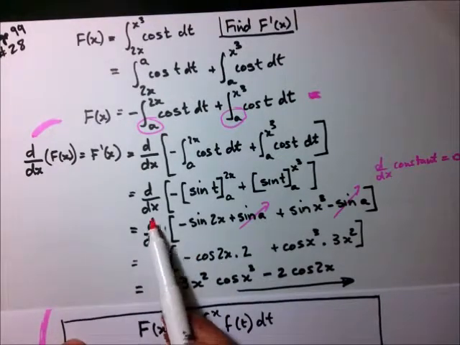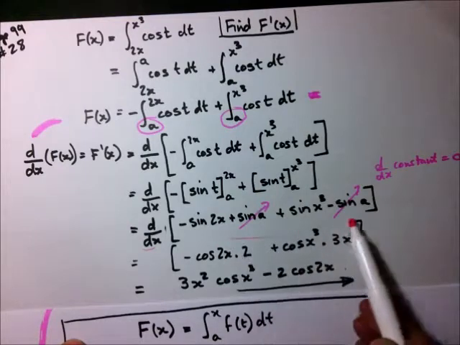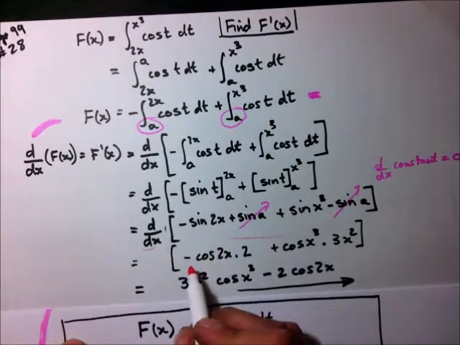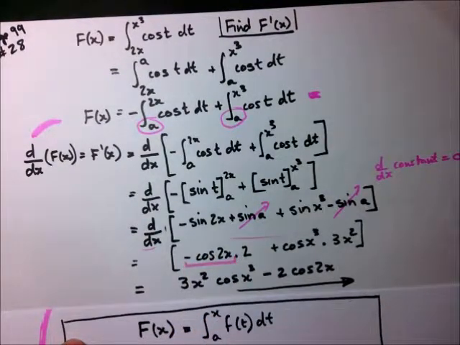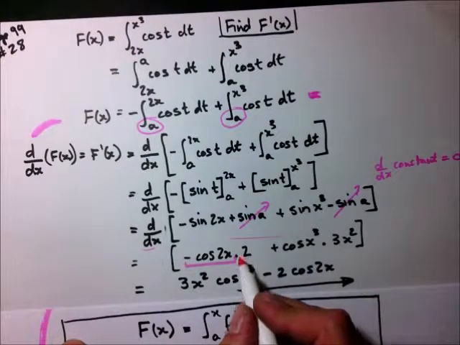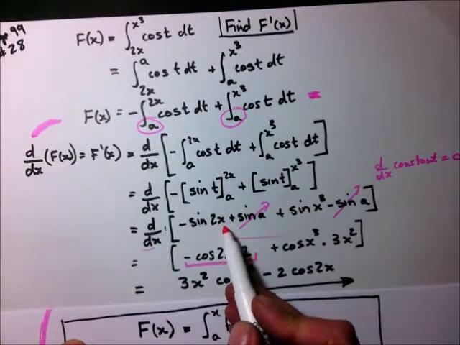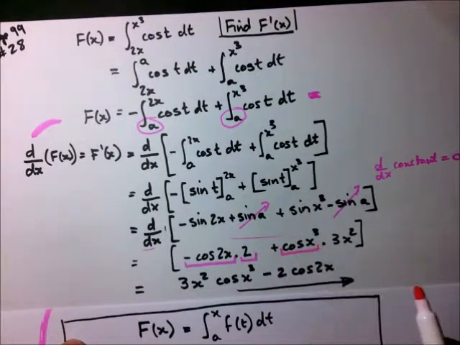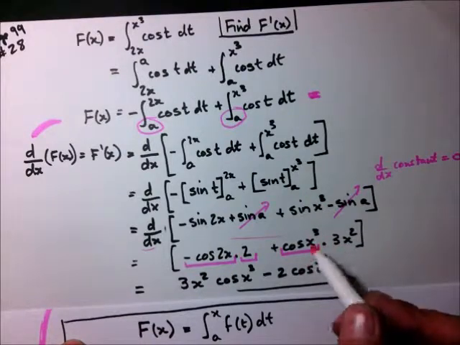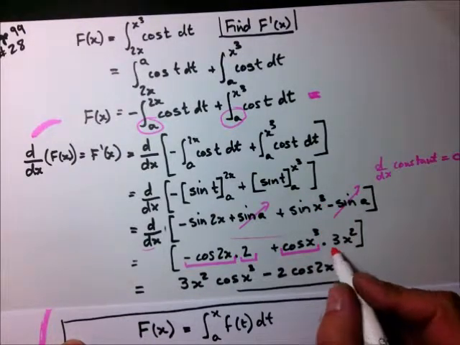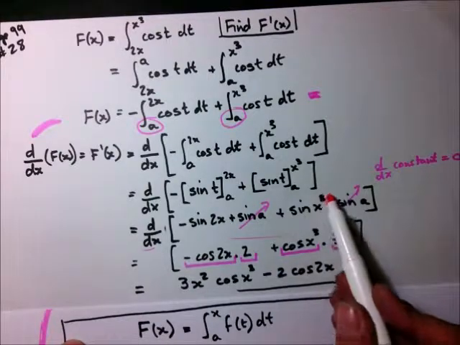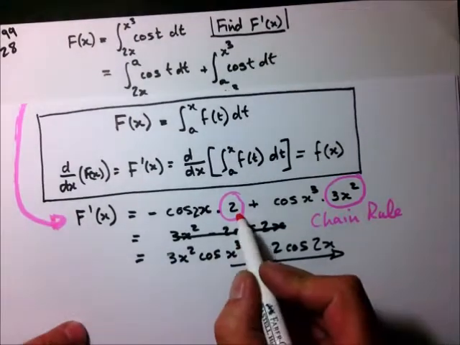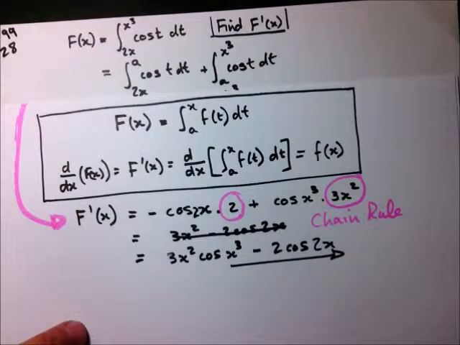We saw it when we took the derivative of this whole square bracket and we took the derivative of 2x, which is the cos of x, and then this was the derivative of the 2x. The same with the second one, where this is the derivative of the sine of x cubed, and this is the derivative of the x cubed. So that's where these two applications of the chain rule come from.